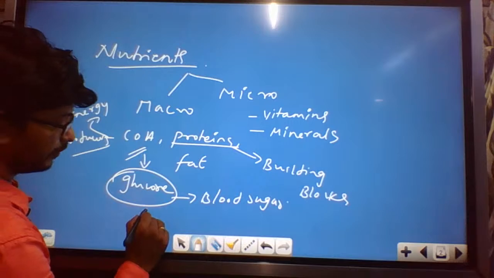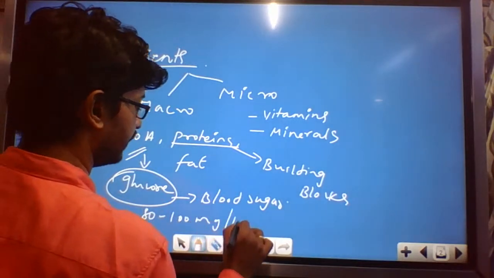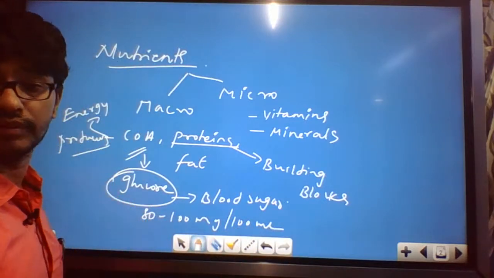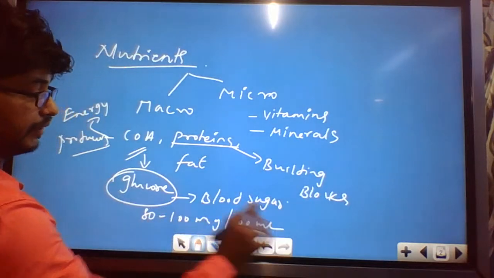What is the normal level of glucose? It is 80 to 100 milligram per 100 milliliter. So this is the normal level of the glucose.